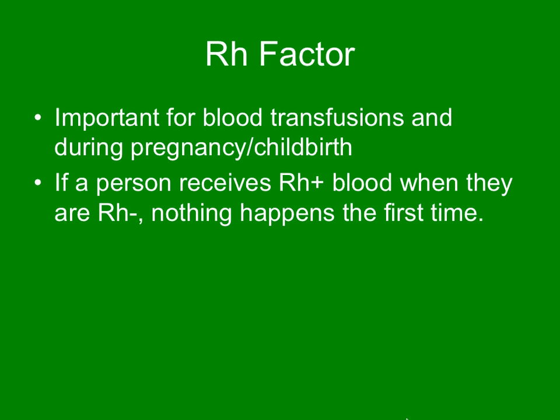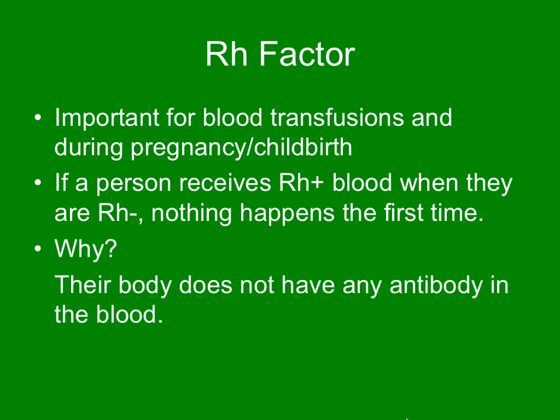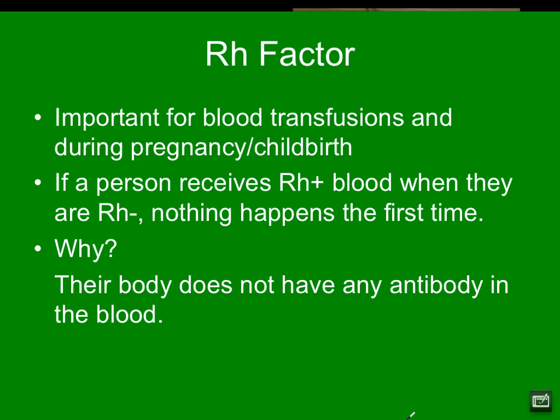The reason is because their body does not have any antibody in the blood. So, in other words, if this is their red blood cell, and we look at the Rh negative, there's no protein present there, whereas with the Rh positive, we have that protein on the surface.